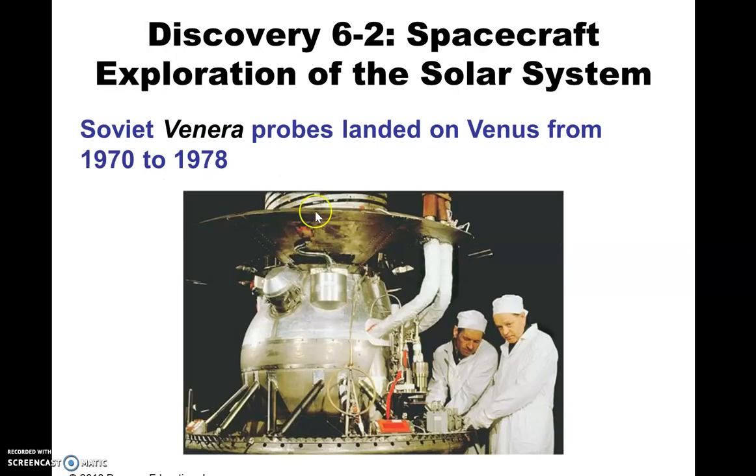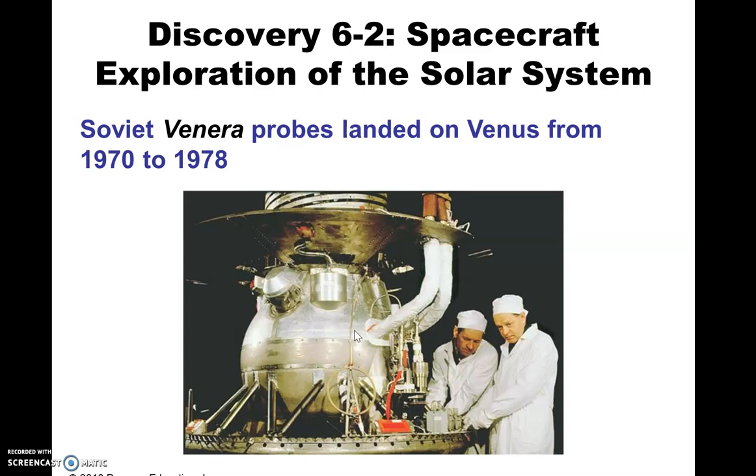All right. We've actually visited Venus. The former Soviet Union sent their Venera spacecraft, a series of them actually, from 1970 to 1978. They actually landed on the surface of Venus. Venus is a terrible, terrible place as far as spacecraft go.